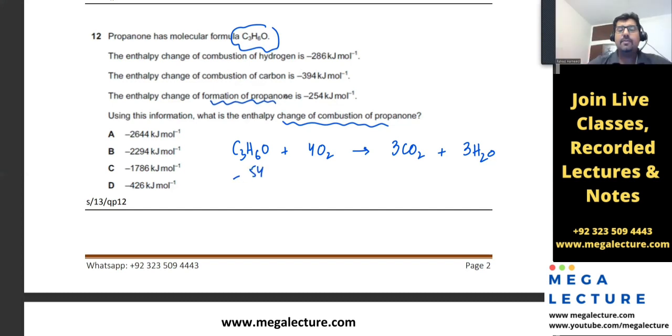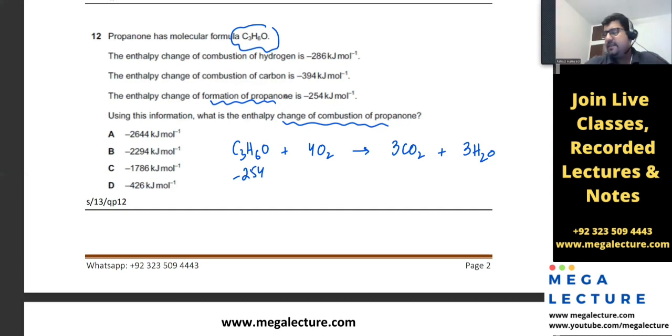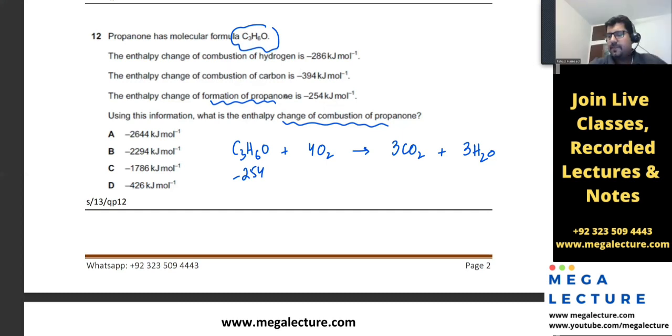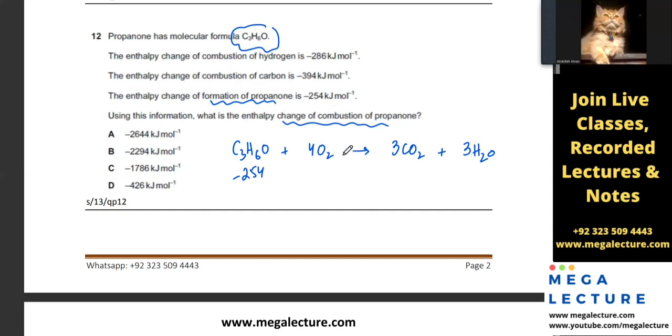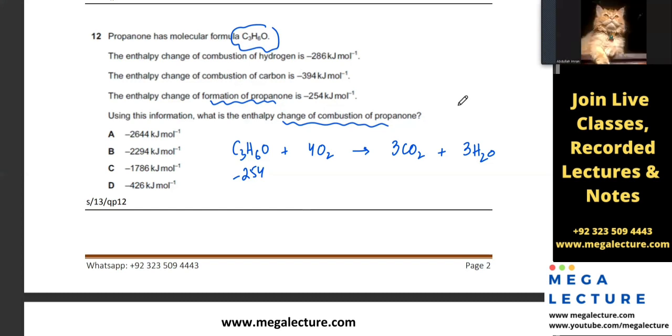Now we have a problem. Remember, the formula only works if you know the formation of everything or you know the combustion of everything. Here they've given you some mixed data. So what do you do over here? If I were to apply the formula for formation, I would need the formation of propanone, but I would also need the formation of carbon dioxide and of H2O as well.